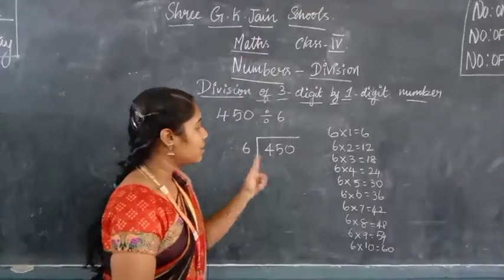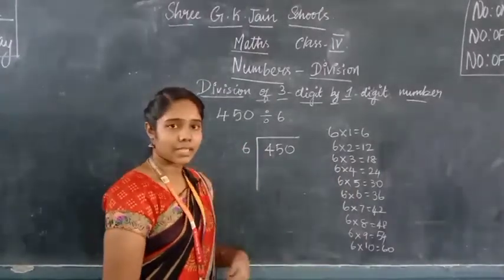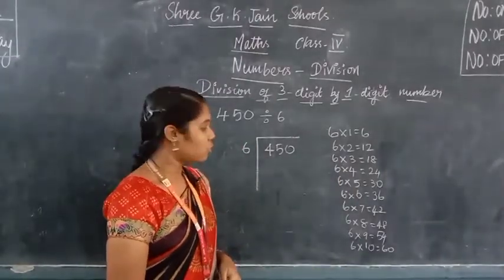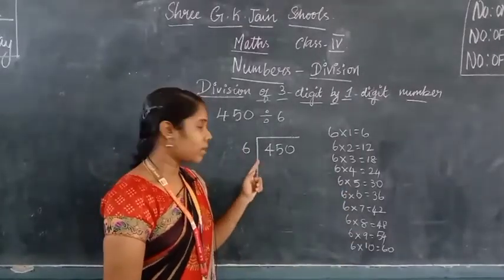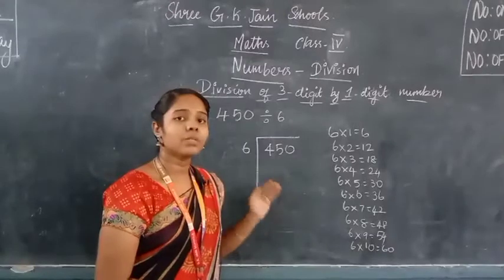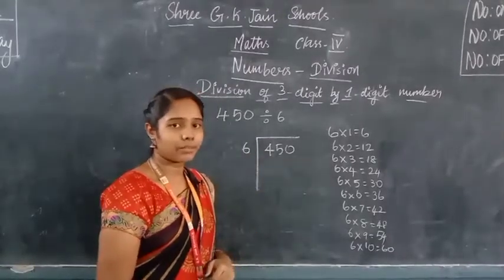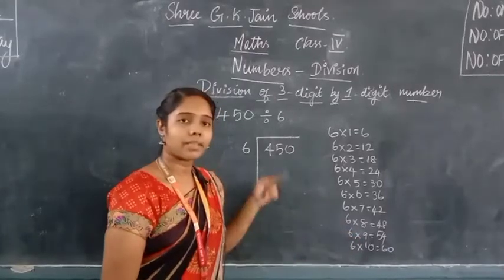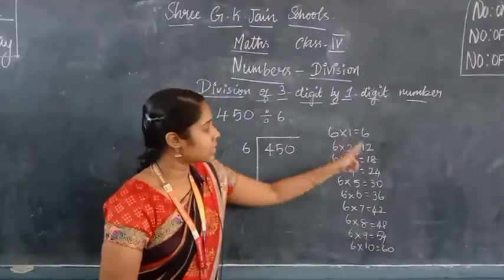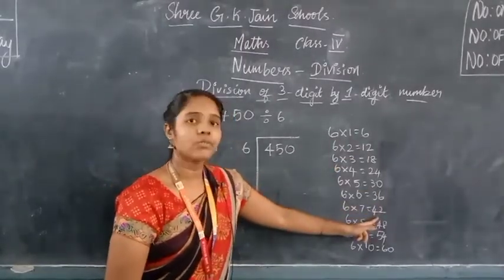Now see, do we have 45 in the 6 tables? No, we don't have 45. So what do we have to do? We have to see which is the smaller number than 45 in the 6 tables. Can you find any smaller number than 45 in the 6 tables? Yes, we have 42.